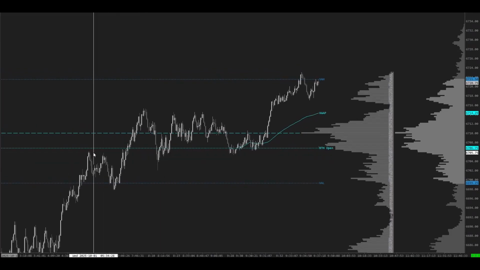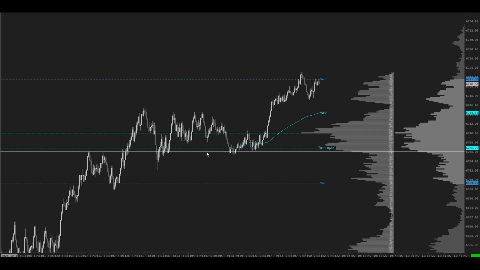And we have some little pivots here we can mark. We rejected twice here, and then we flipped it, and then we opened right above it. So this little pivot area, I can catch those pivots there.